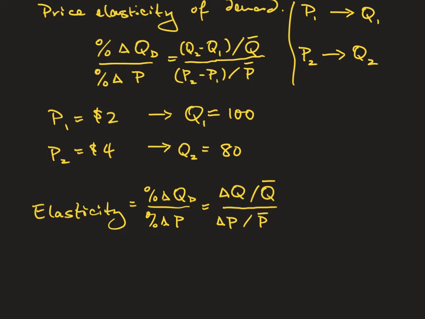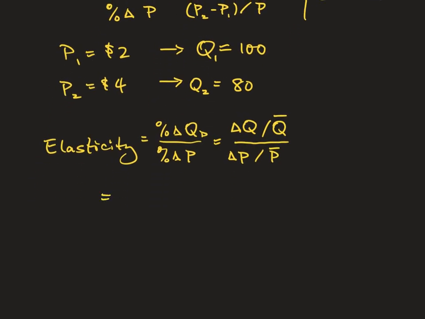Continuing on, to be consistent, I should do 80 minus 100 divided by the average quantity, the average of 80 and 100.